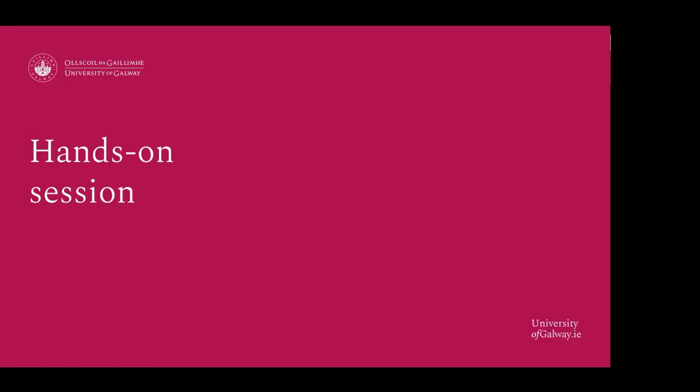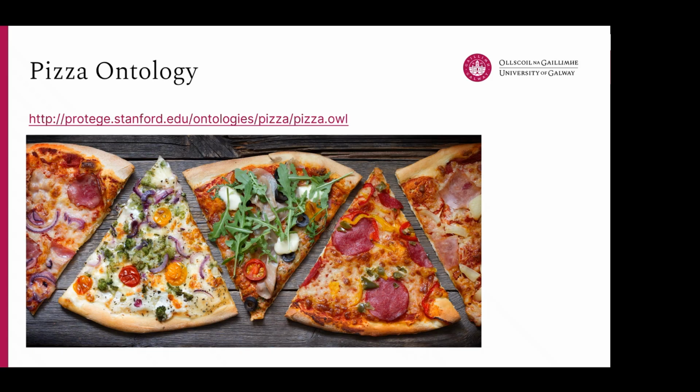What we are going to be working with today is the pizza ontology. It's probably the most popular one in Protégé tutorials. It just describes different kinds of pizza to introduce you to the hierarchy. That's the link for the ontology, but if you downloaded Protégé, you don't need to copy this link because it is listed there as an example.